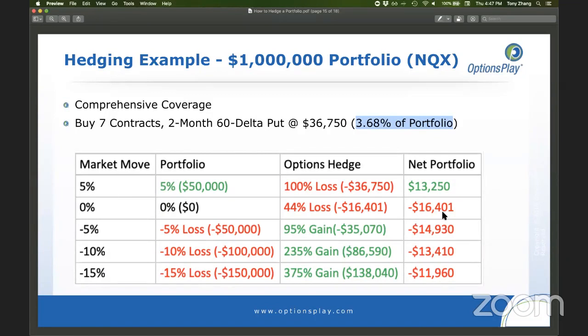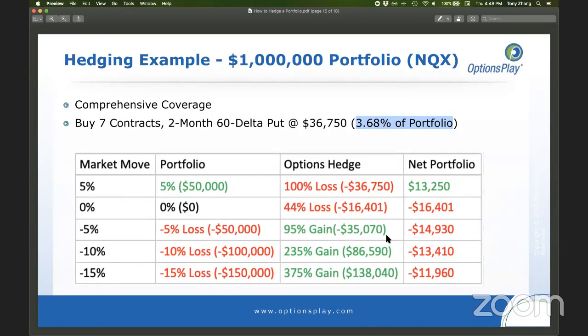Even though I paid significantly more, and even if the market doesn't move, the comprehensive insurance, because it's an in-the-money option, doesn't decay as much, and there's some intrinsic value to the option. So even if the market doesn't move, I actually lose less money with the significantly more expensive insurance than I do with the cheap insurance. So that, I think, for most people is a little surprising.